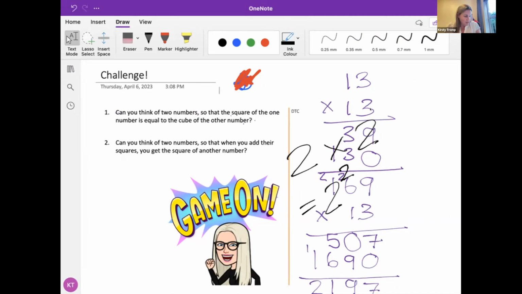Can you think of two numbers so that the square of one number is equal to the cube of the other number? So ma'am, basically, if I get the answer of a cube number, it should be equal to the square of another number. Mm-hmm. So what are your answers? Tell me, which ones have you thought of?